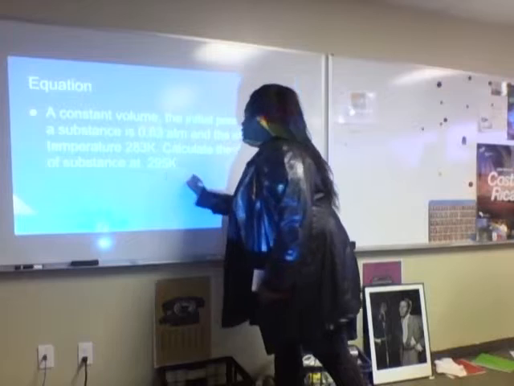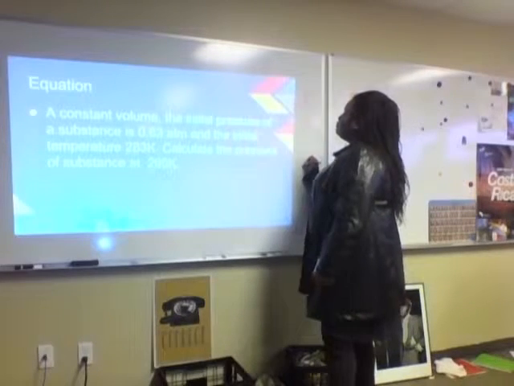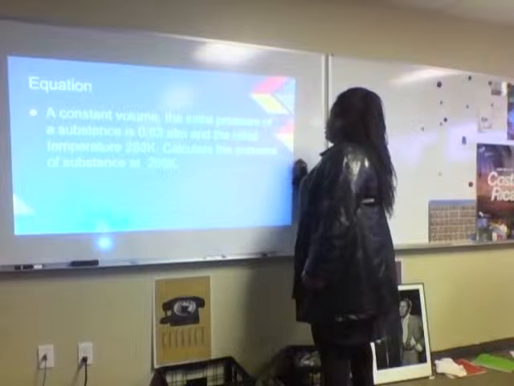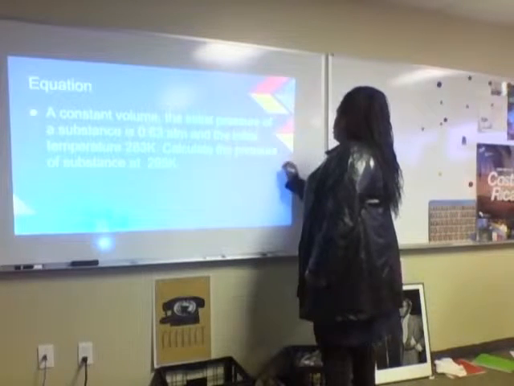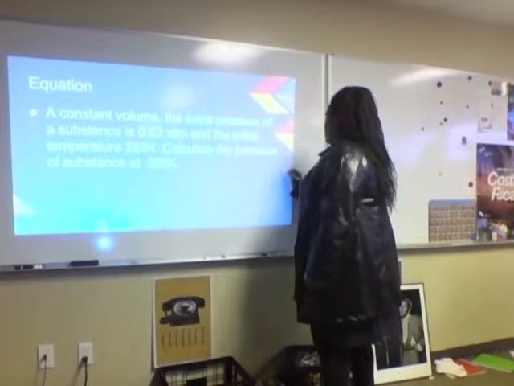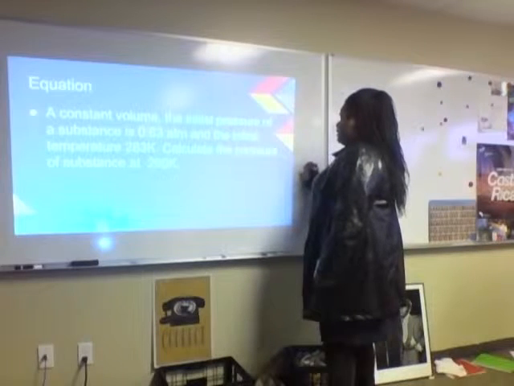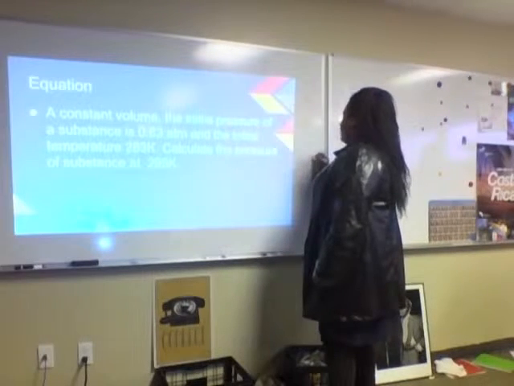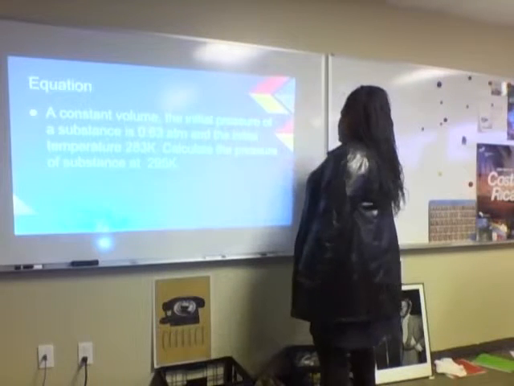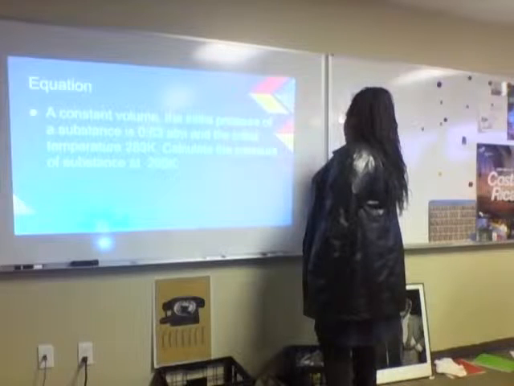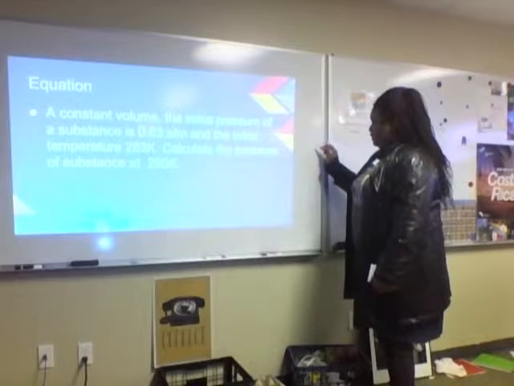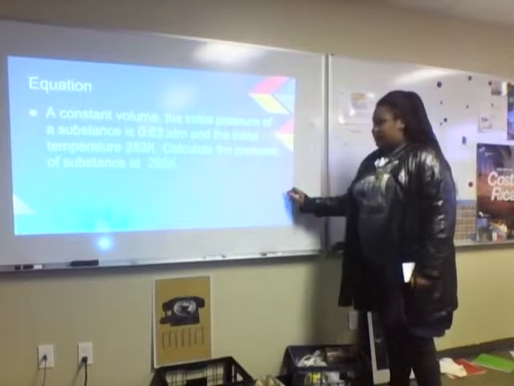So this would be 0.63 divided by 283, sorry for my sloppy hand, equals the other pressure divided by 295. Then we cross multiply, and we get the answer.